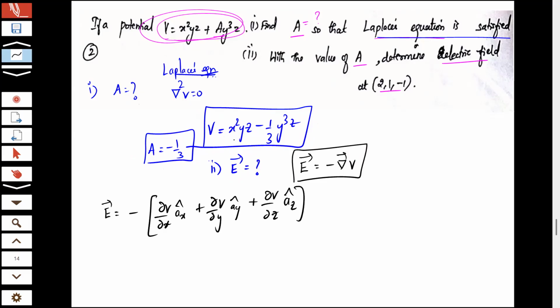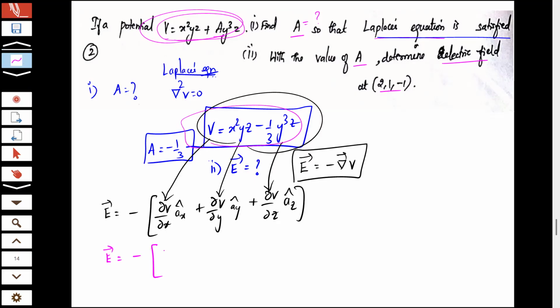Now we should take this potential function V and differentiate with respect to x, with respect to y, and with respect to z in each of the directions to get the electric field intensity vector E. So first let us take this V, differentiate with respect to x, that is going to give 2xyz ax cap.